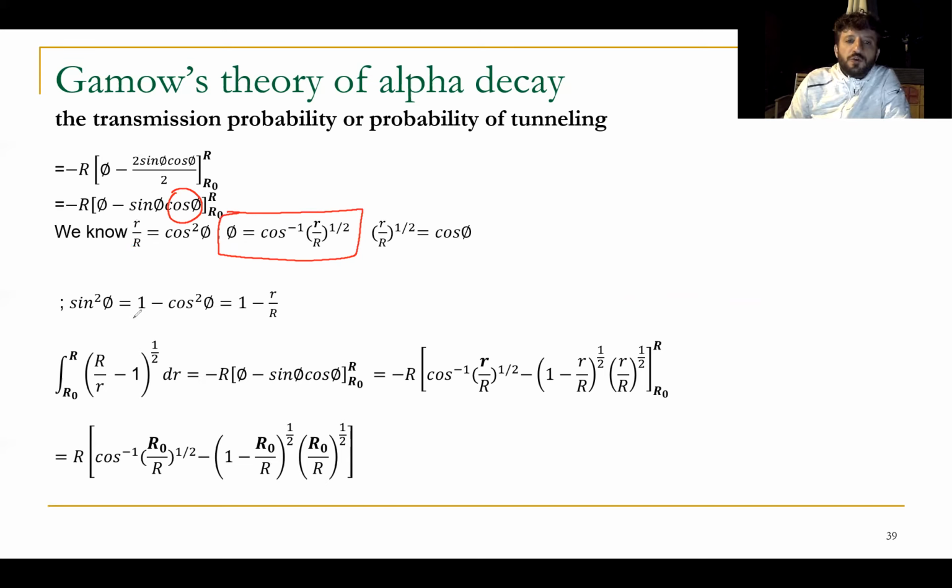Okay, sine phi square plus cosine phi square equals 1. So sine square phi equals 1 minus cosine square phi equals 1 minus r divided by capital R. Okay. Now we substitute the value of each one.